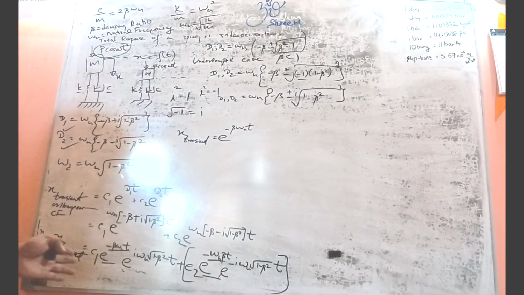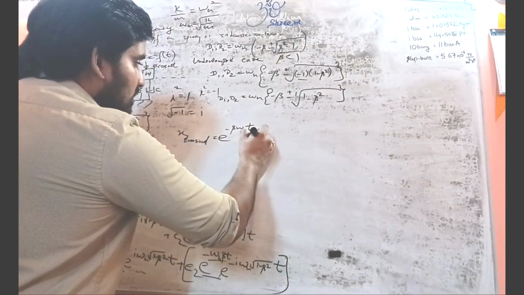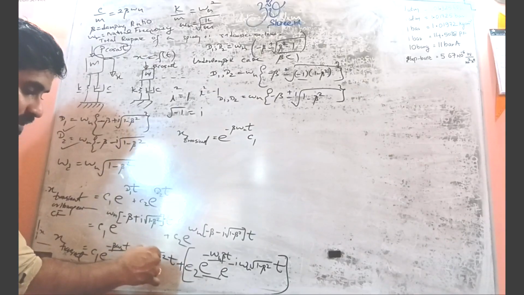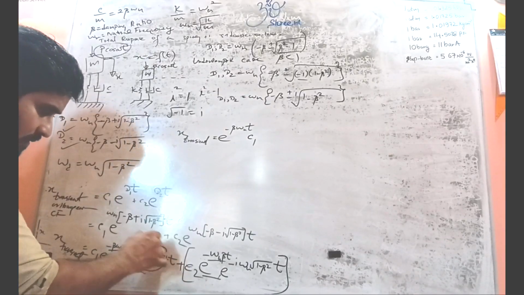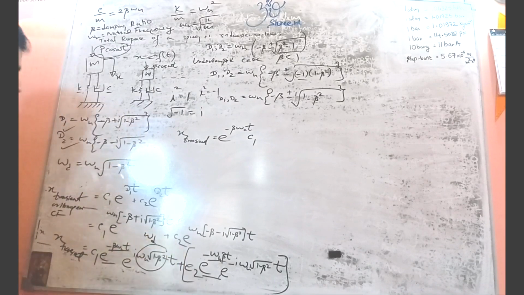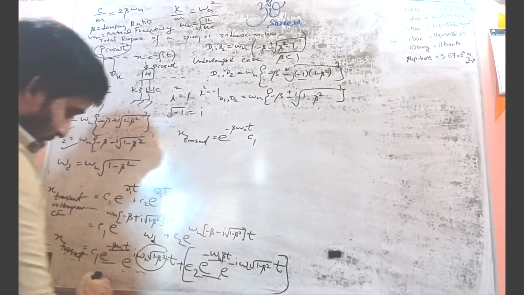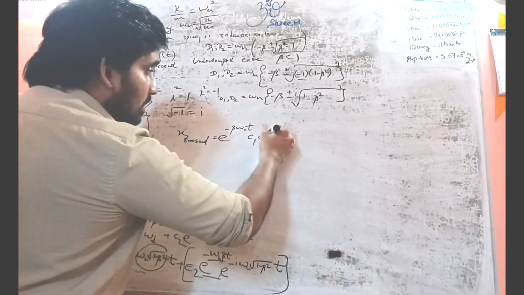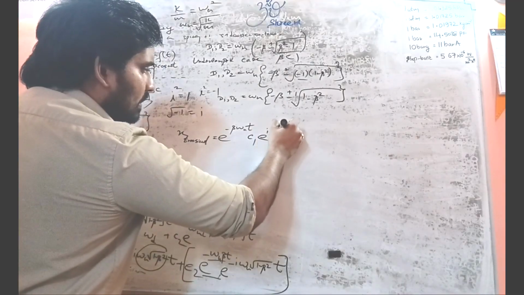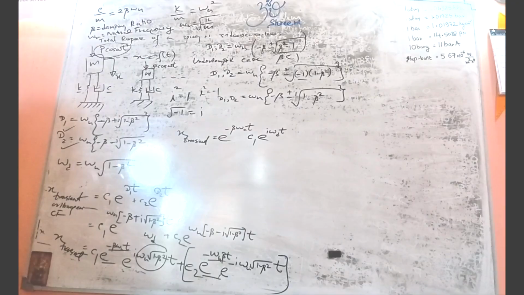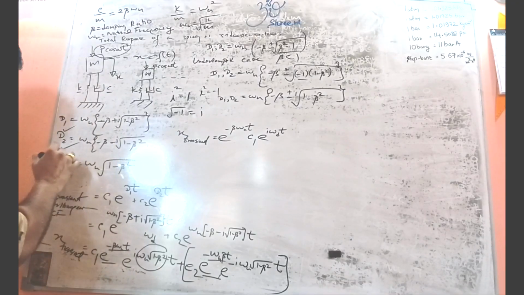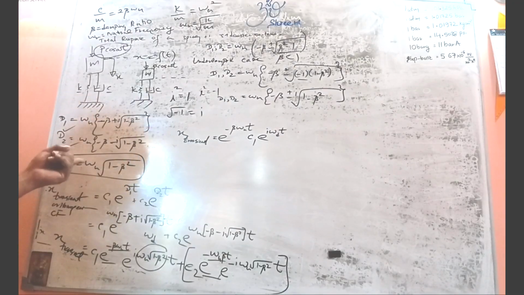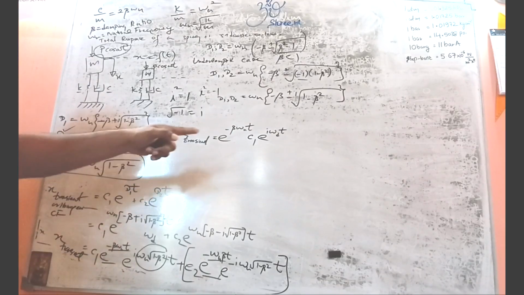So from here that will be c1 times, now look at this omega n times square root of 1 minus beta squared, this part we can call omega d. c1 times e to the power i omega d t, because now we have already defined this. Omega d, the damped frequency, equals omega n times square root of 1 minus beta squared. So that we know.